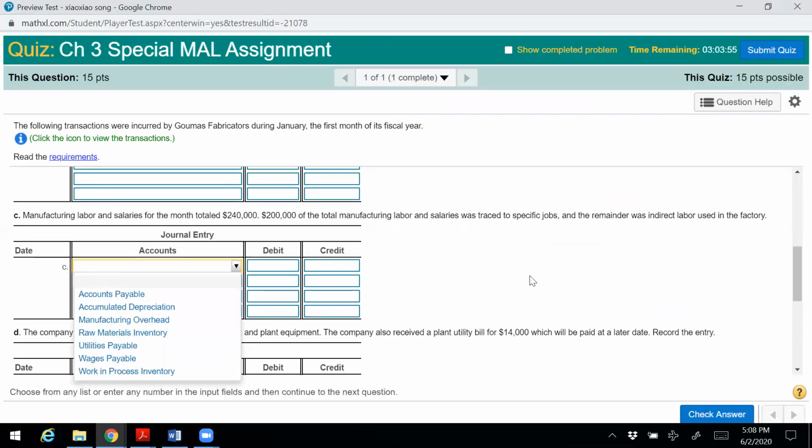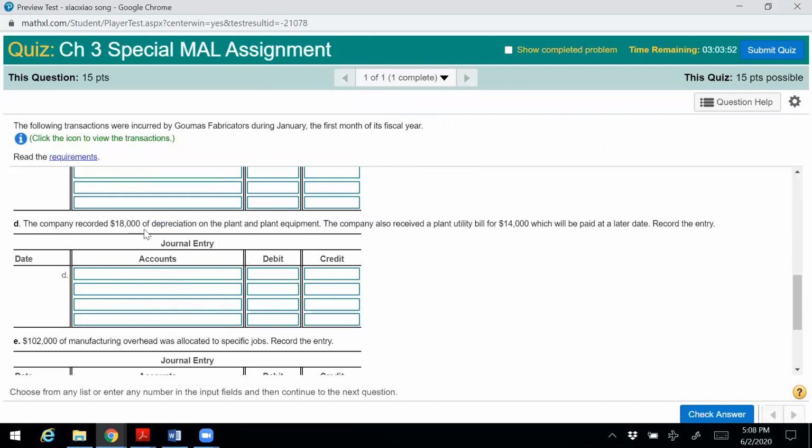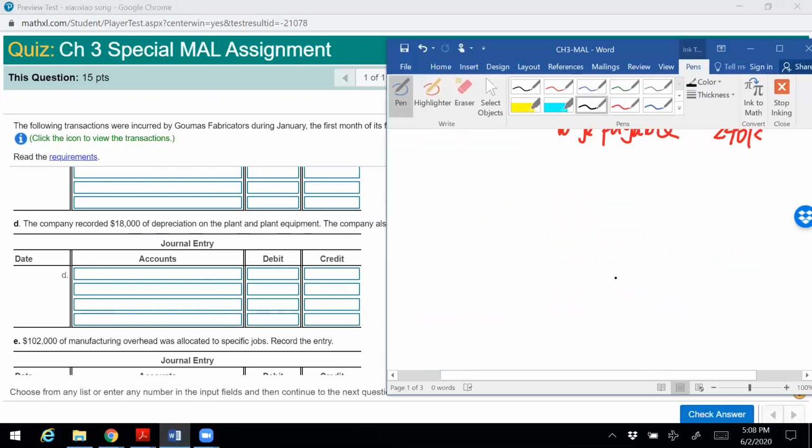Let's look at the next one. The company records depreciation on the plant, and also received the plant utility bill, which will be paid later. Record this journal entry. These are all manufacturing overhead.